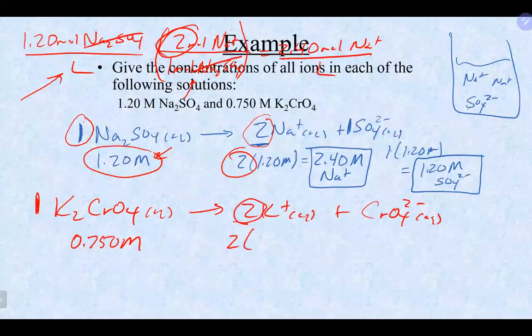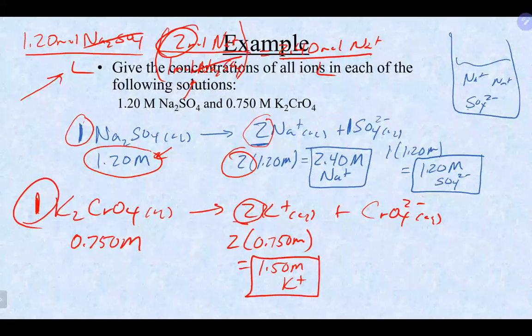So we'll take 2 times 0.75 molar, which gives us a concentration of 1.5 molar for our potassium ions. And once again, our whole thing to just the chromate is a 1-to-1 relationship. So we'll take 1 times 0.75 molar, which gets us 0.75 molar of our chromate here.